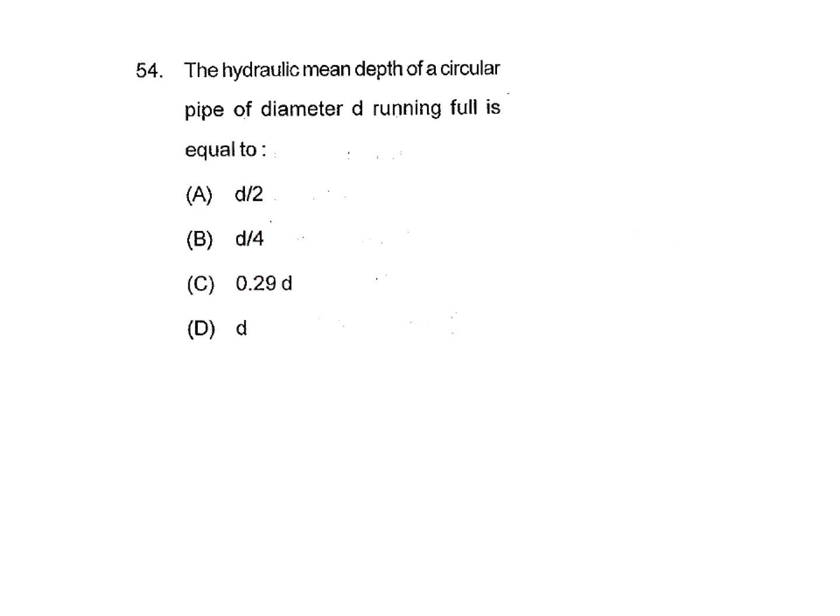Hydraulic mean depth of a circular pipe of diameter d running full is equal to... So from Chezy's equation, V equal to C root over of m i. C is Chezy's constant.